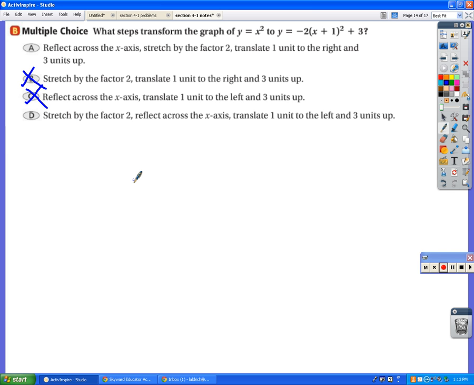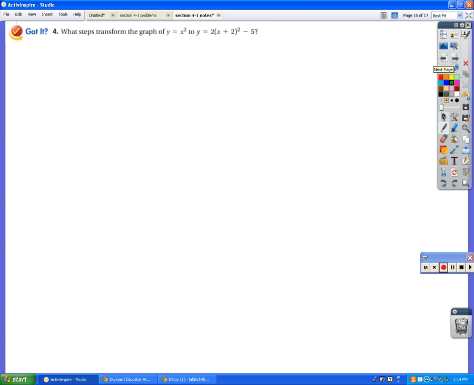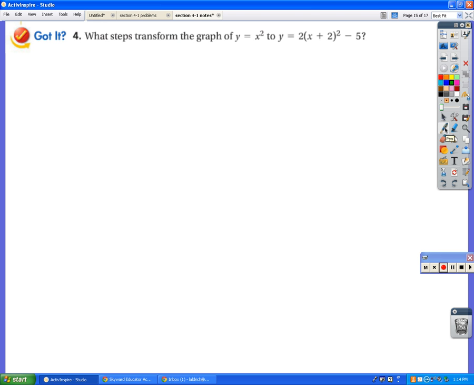The 1 moves it 1 unit to the left because inside is opposite. So that throws out answer choice A. So that means you know it is D. Okay. All right, so Jordan, you got it?